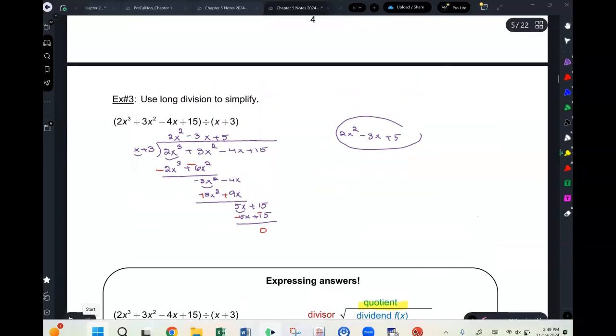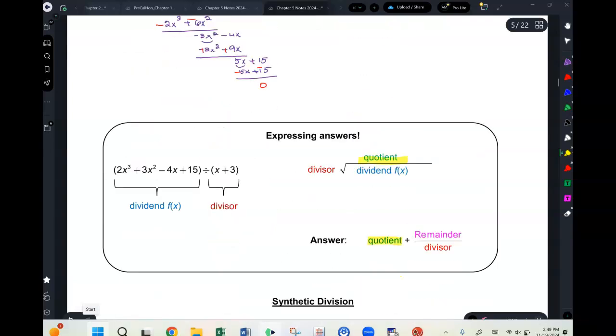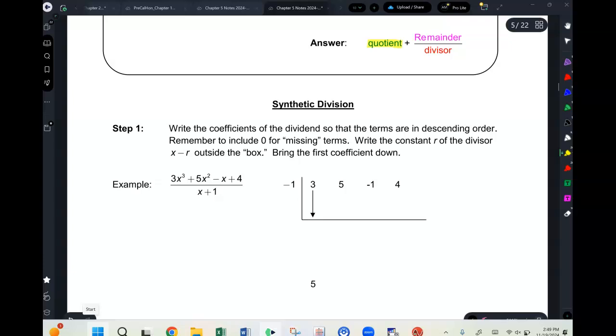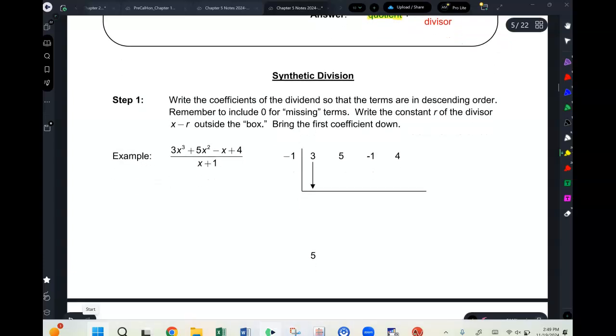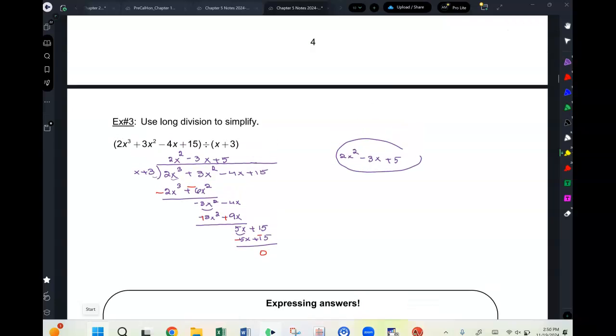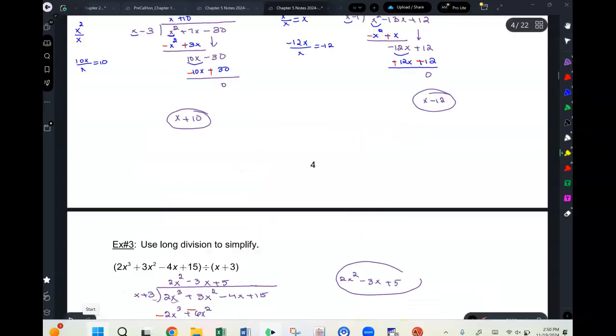Now, this is long division. There is also synthetic division. Let's also talk about synthetic division. Synthetic division is a shortcut to do the same thing, but it works in some situations. So let's think about what's happening here.